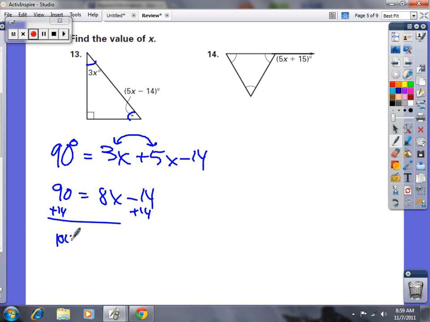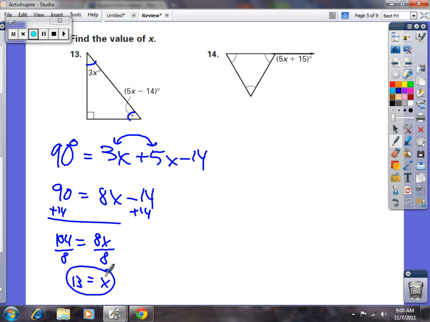So on the left you got 104 equals 8x. Okay, 8 times x. How do you undo times 8? So divide 8. What's 104 divided by 8? 13. X equals 13. Now on the test, you're done.